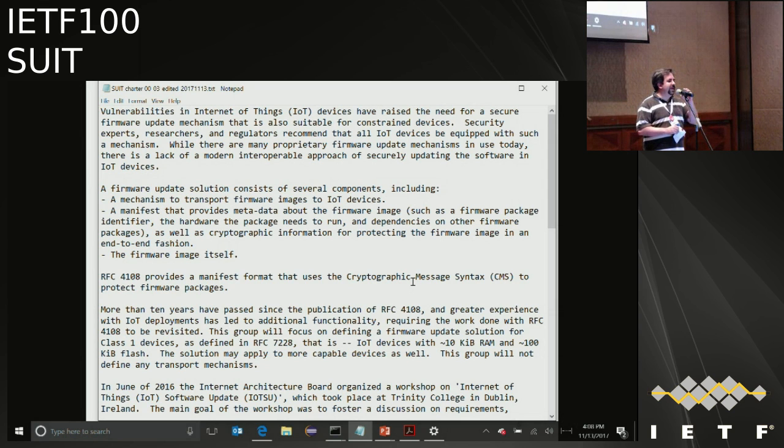The one thing that has been missing through a lot of the current efforts is a solution that would provide the capabilities of a manifest format. And so the discussion has really been around trying to focus on those aspects. So we are the participants that have been working to define this charter.